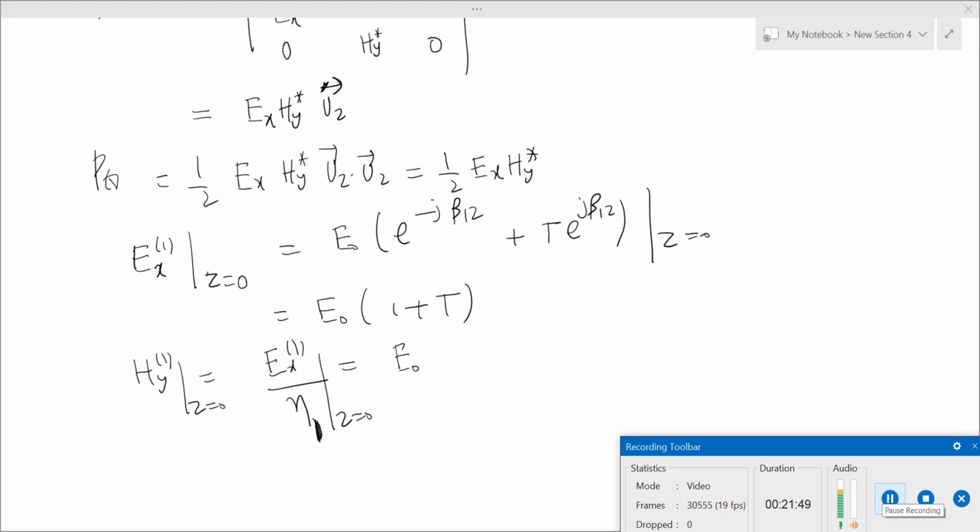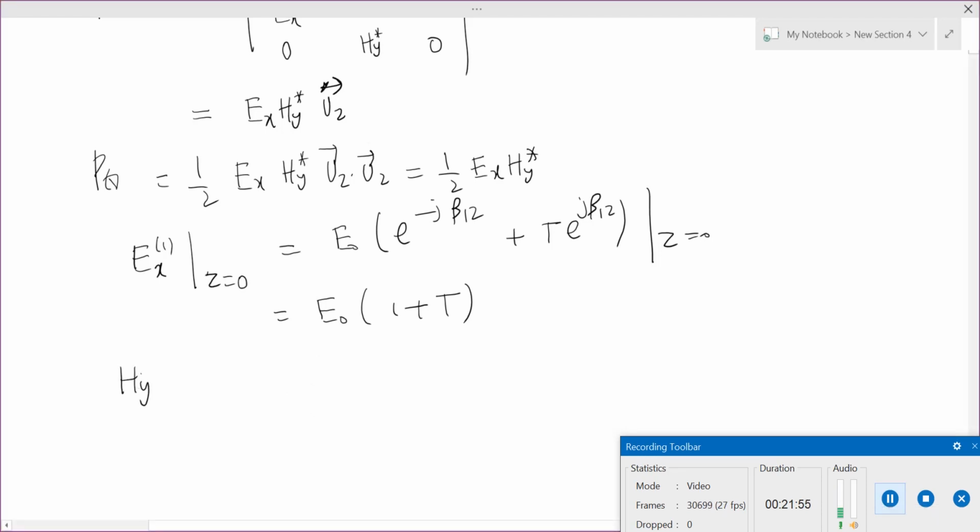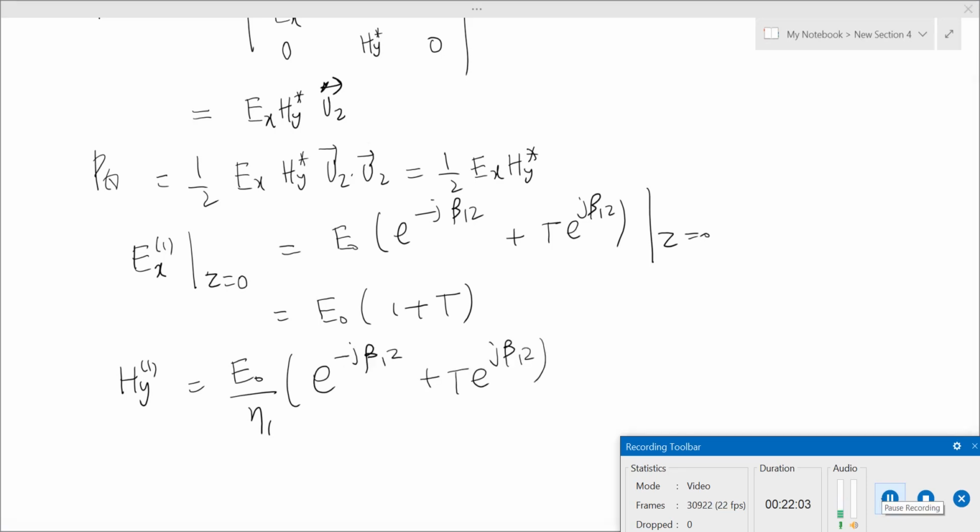No, we have to take a conjugate. Let me first write H1. Hy1 is equal to E naught by eta 1 e to the power... oh, it is actually minus here.